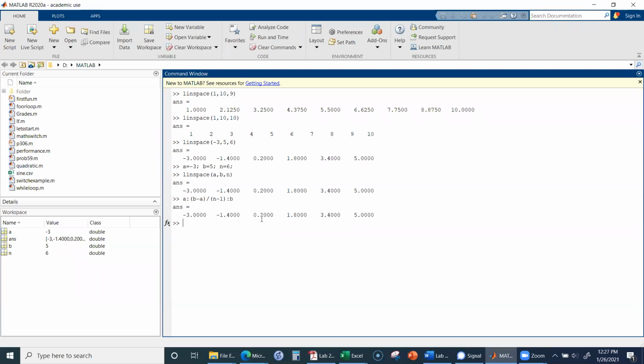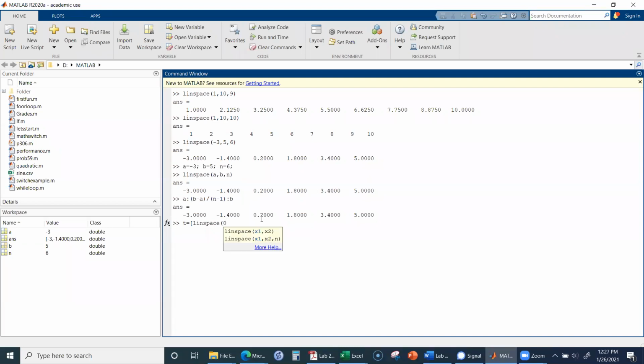One application of linspace is that if you want to plot some function, for example a sine curve, I want to plot y equal to sine of t, where I define t as a matrix with linspace.